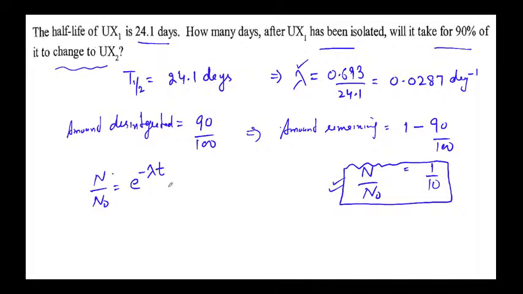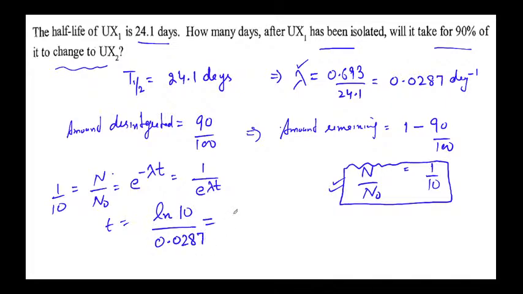So N/N0 is equal to 1/10. So T comes out to be, moving this over, log of 10. We can also write 1/exponential of lambda T. So taking the logarithm on both sides, this comes out to be log of 10 over 0.0287. So log of 10 is equal to 2.3026 over 0.0287.